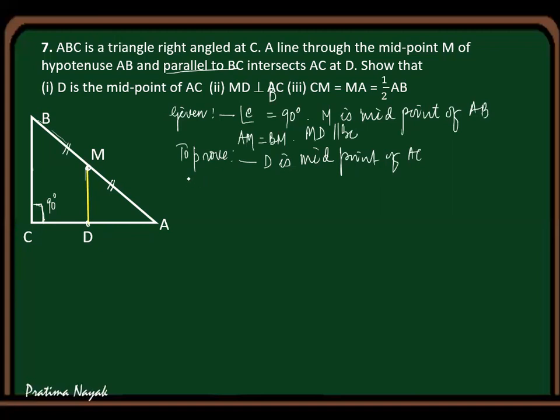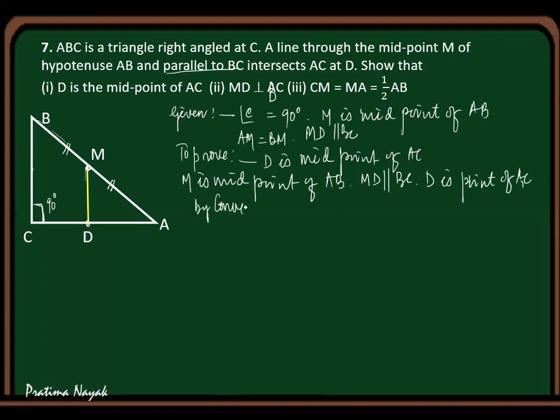M is the midpoint of AB, and MD is parallel to BC. So D is the midpoint of AC, by the converse of the midpoint theorem. Done.